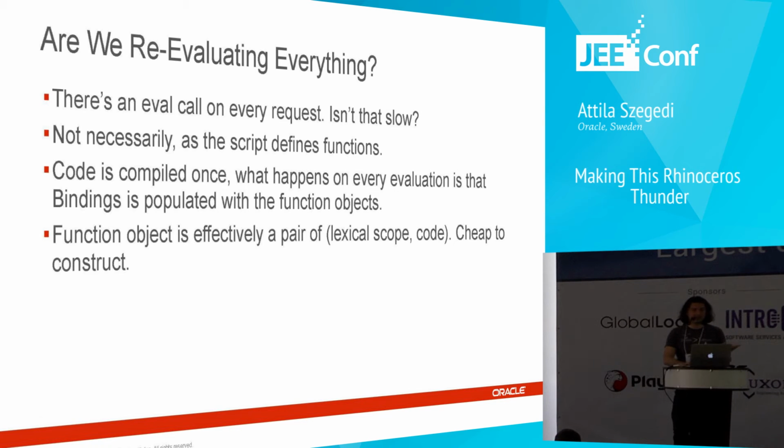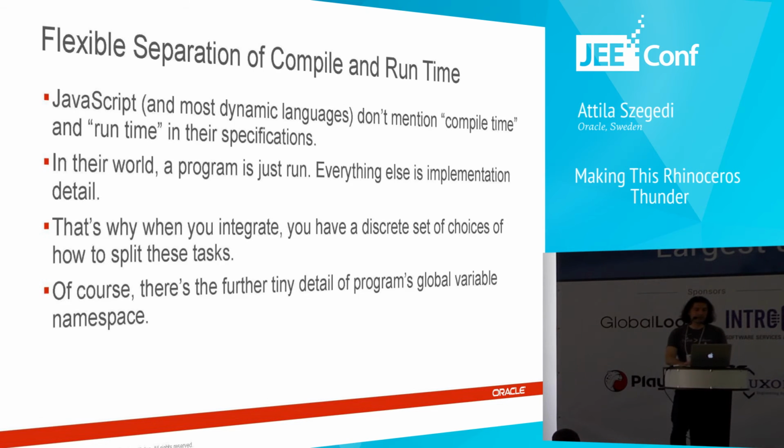As you can see, it's like 159 milliseconds to evaluate the whole crypto operation with the setup of new bindings every time. So the reason why there are several different ways that you can separate the evaluation and the compilation, you decide whether to cache, you decide whether to evaluate repeatedly and so on, is because JavaScript and a bunch of dynamic programming languages don't really define separation of compile time and runtime.